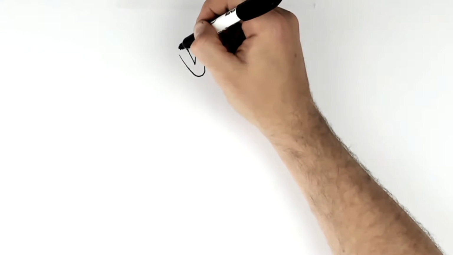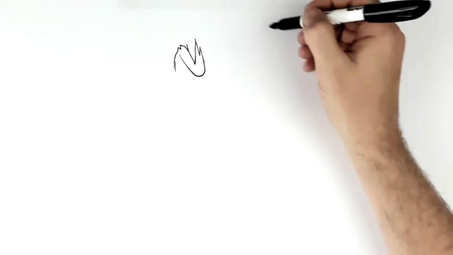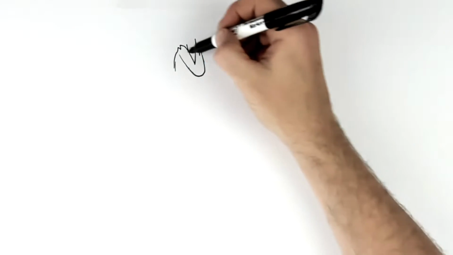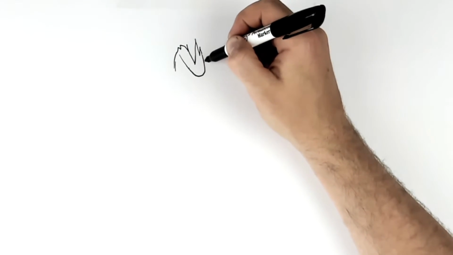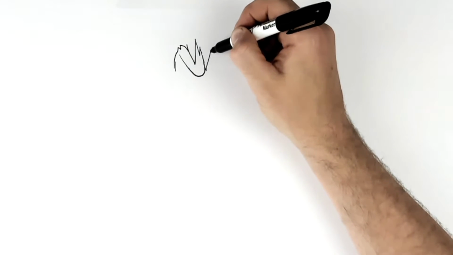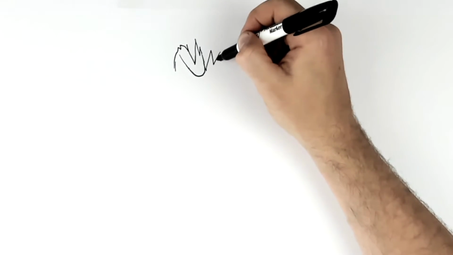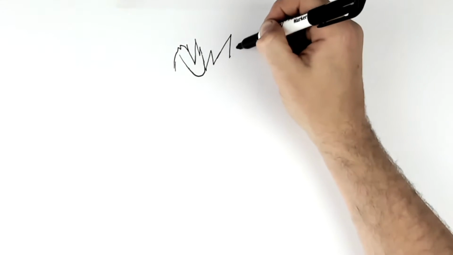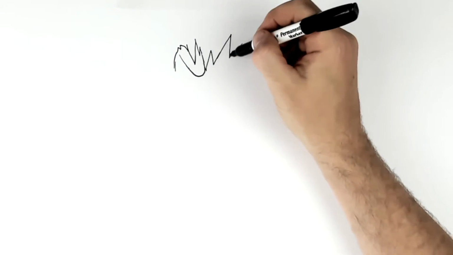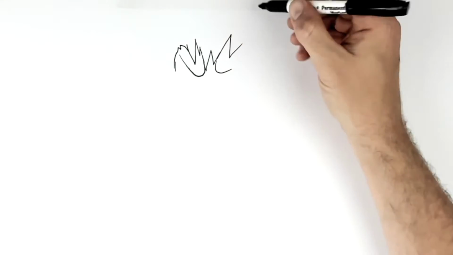Top of his head. Right, and then the spikes keep going. This is all the black spikes, right? And the frown on the other side of his head is here.